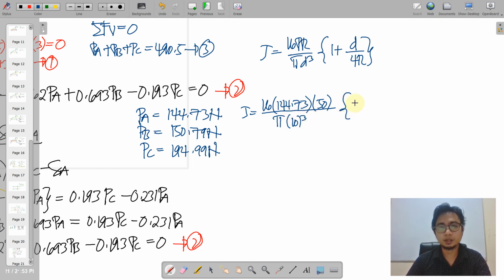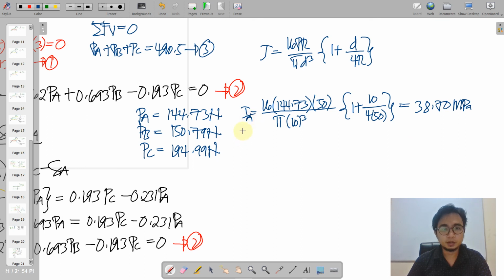We have here 1 plus 10 all over 4 times 50. So we have spring shearing stress at A equal to 38.7 megapascals. So this is for A.